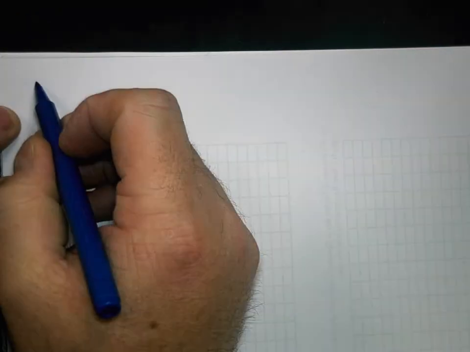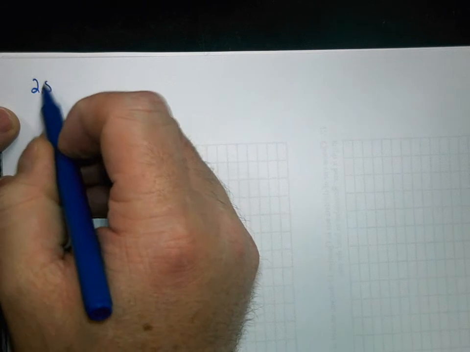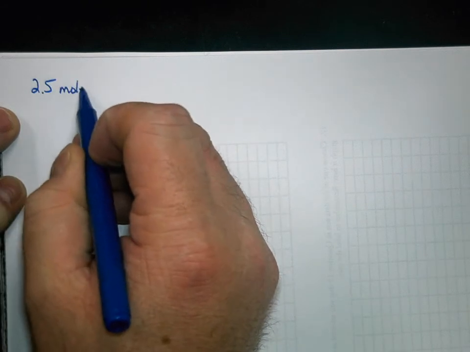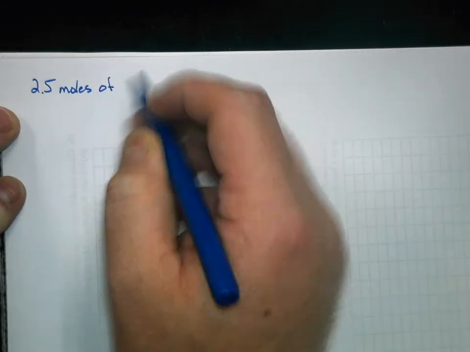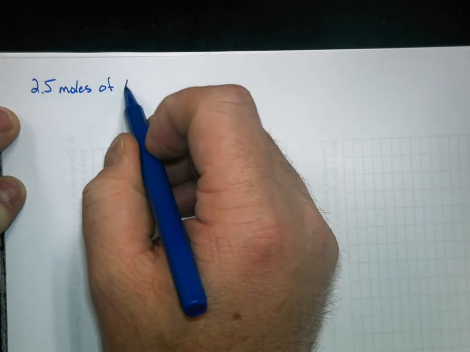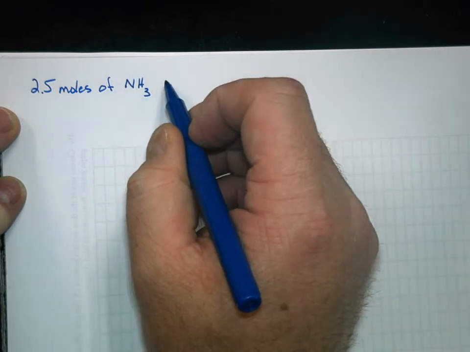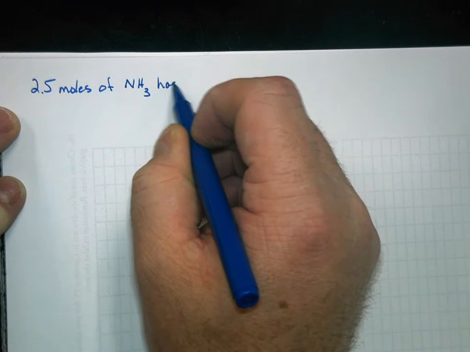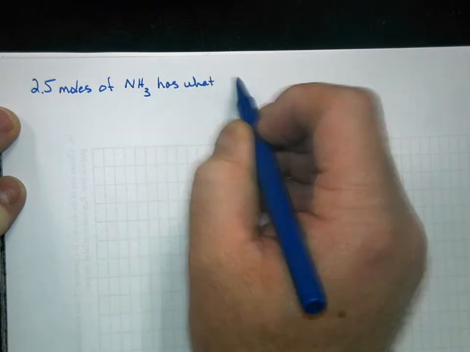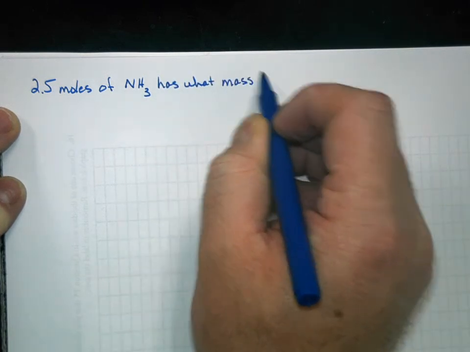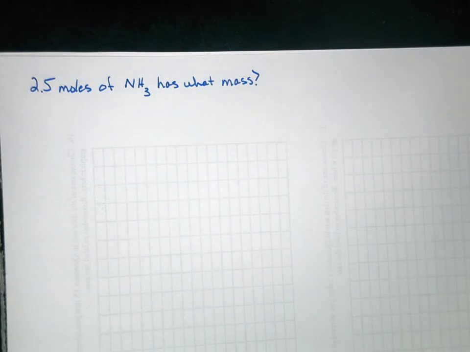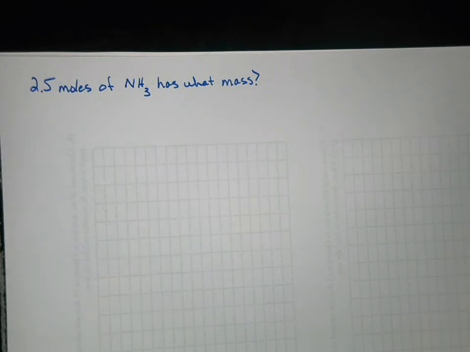The question is: 2.5 moles of NH3 has what mass?